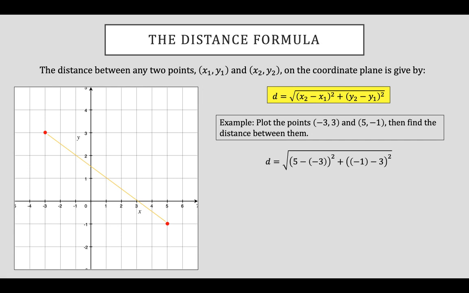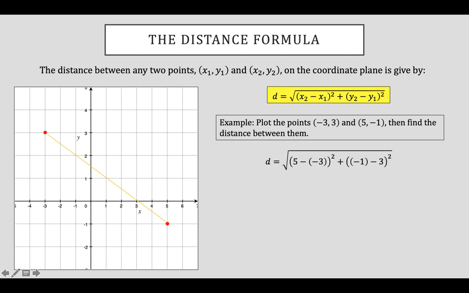Let's begin to find the distance. We have d is equal to the square root of x2, that's my second x coordinate, 5, minus x1, the first x coordinate, -3, quantity squared, plus y2, the second y coordinate, minus y1, the first y coordinate, quantity squared.